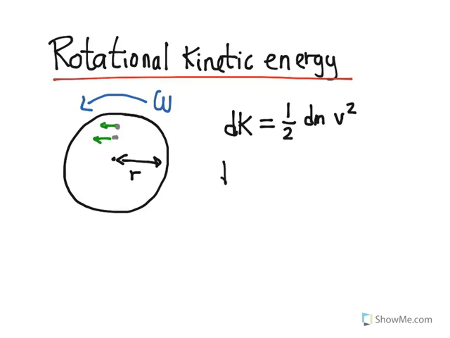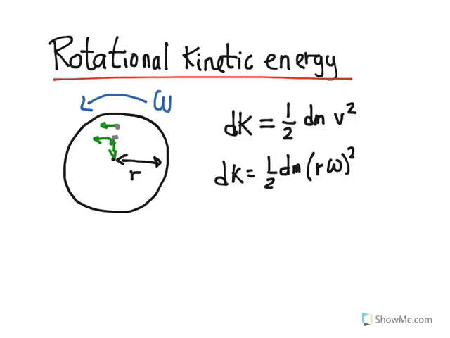Each element has the same omega, the angular speed, so the velocity is r omega, where the radius is the distance from the axis of rotation to where the element is located.